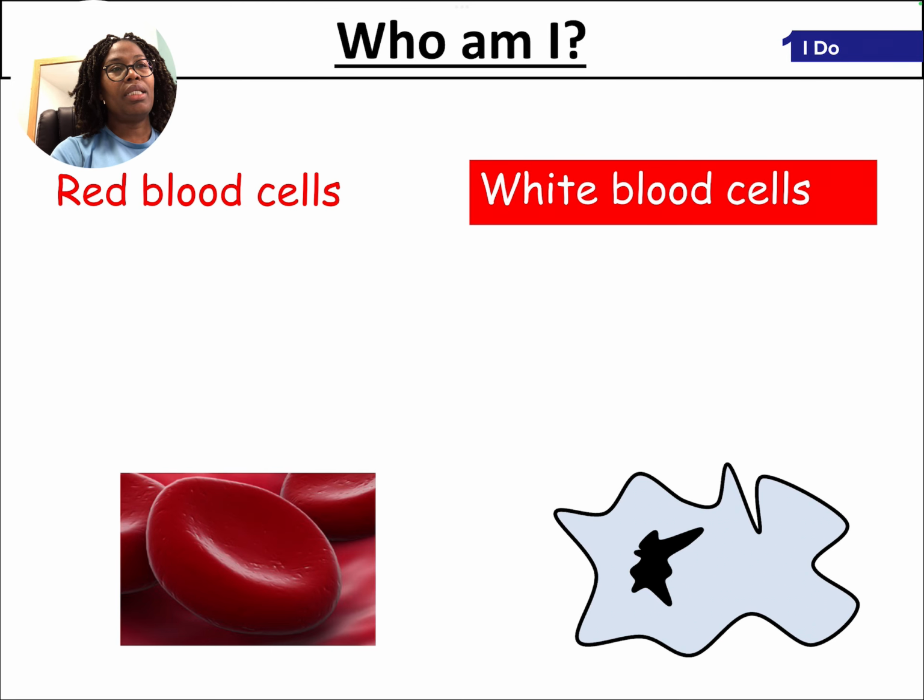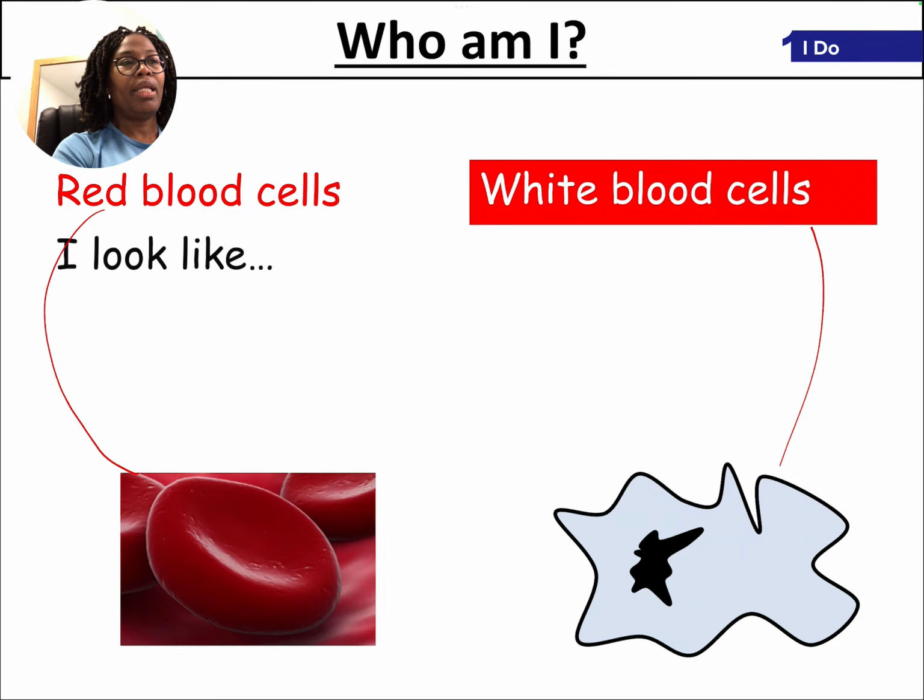In our next one, it says, who am I? So you have red blood cells and white blood cells. This one is the red blood cell, and this one right here is the white blood cell. Now, red blood cells are biconcave in shape, B-I-C-O-N-C-A-V-E, so it's sunken in the middle.